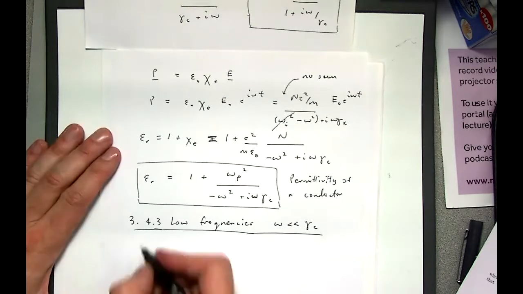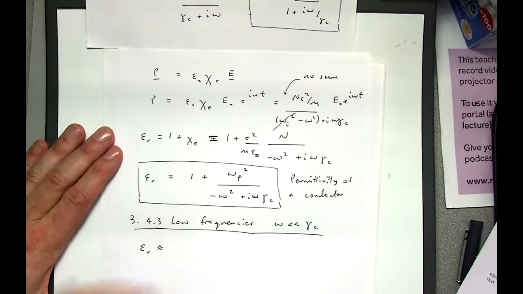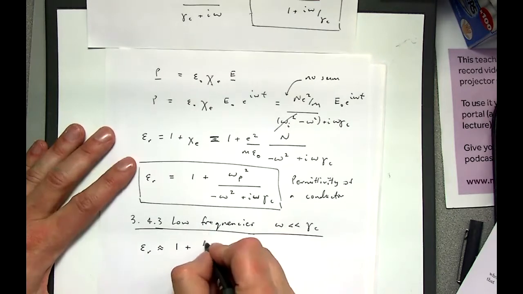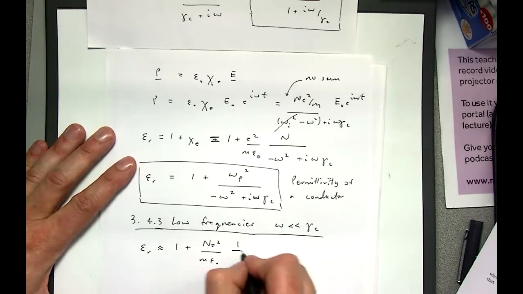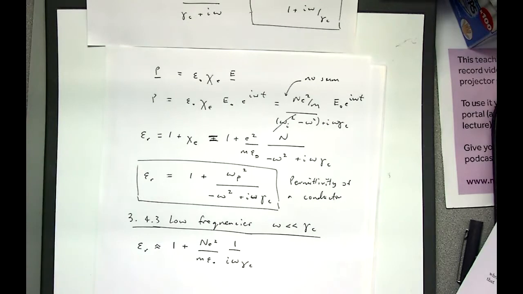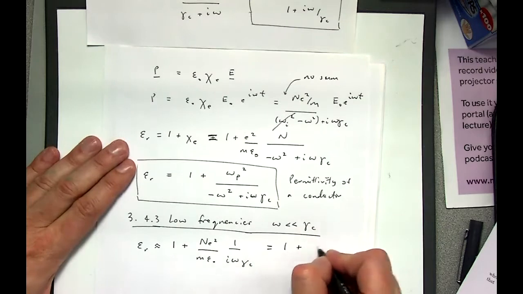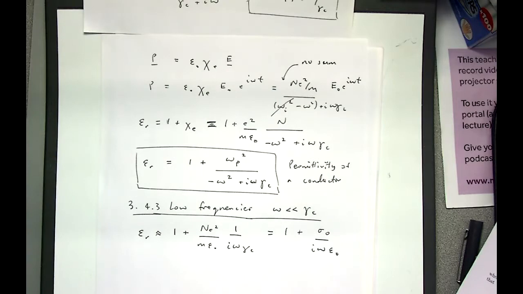We can say here, just by inspection, that the permittivity at low frequencies looks like the following. So let's write it down in terms of the electron density. Okay, 1 over i omega gamma c. And if we look carefully, we can recognize that that is equal to 1 plus sigma 0 over i omega epsilon 0. Right.